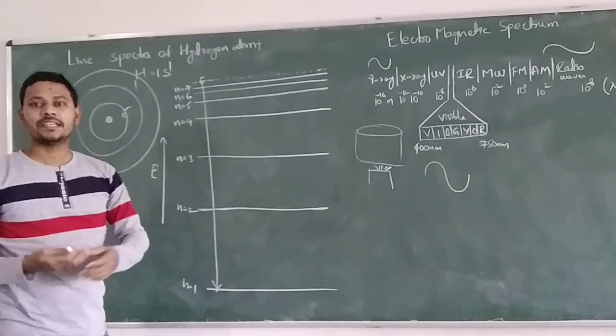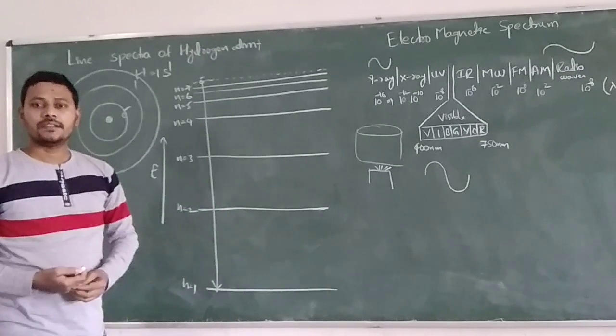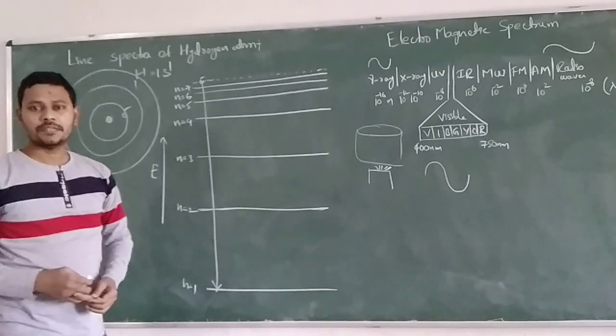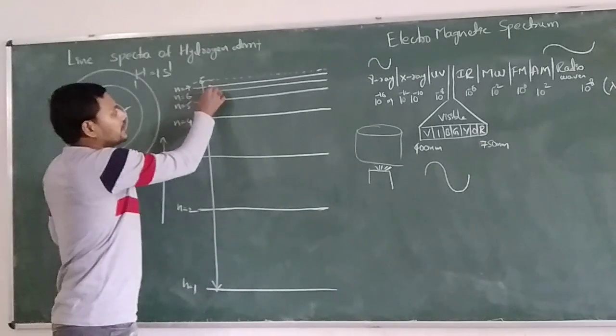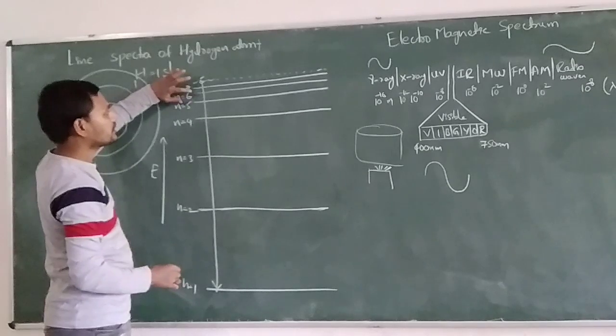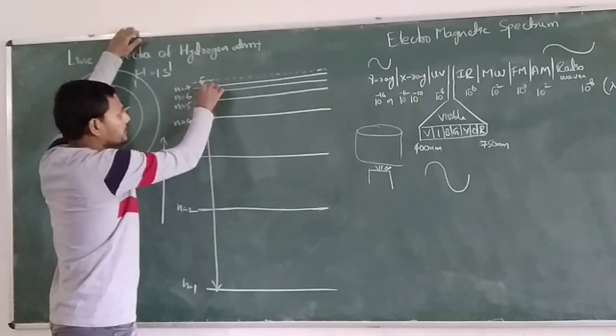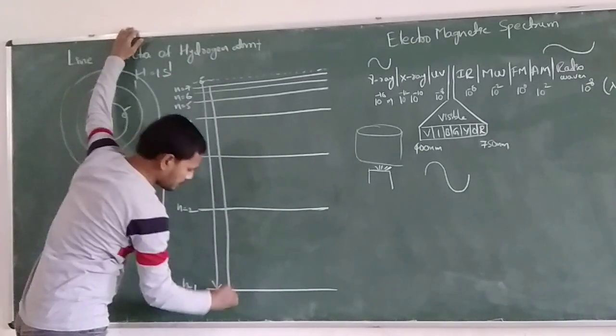That energy we can collect on a detector, and we will get a spectrum or spectral lines. And the electrons which are present in the 6th come back like this to the first.